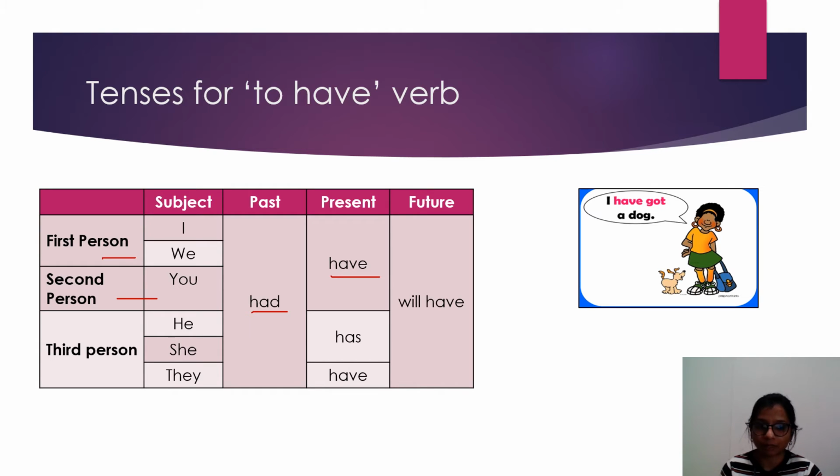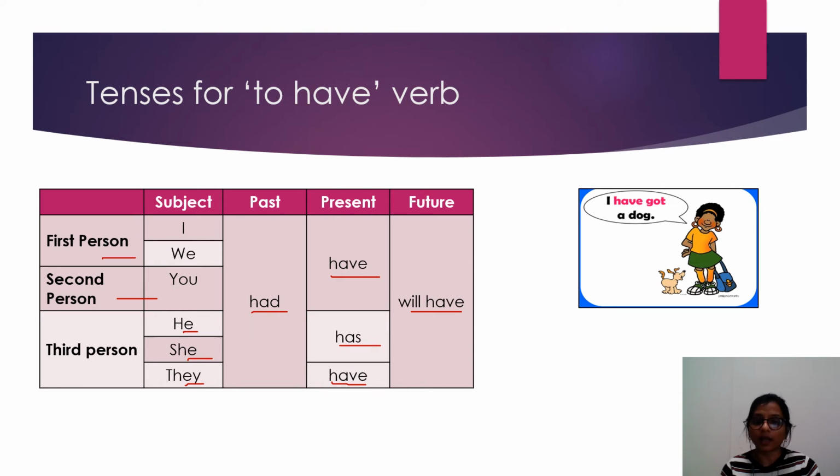For third person, we have used has for singular noun, he and she, or singular pronoun. For the plural pronoun or the plural noun, we will use have. Previous one we used do. Correct. For the future tense, we use will have. Example, he will have graduated college by next year. Okay, future tense, we use will have. There we had will do.